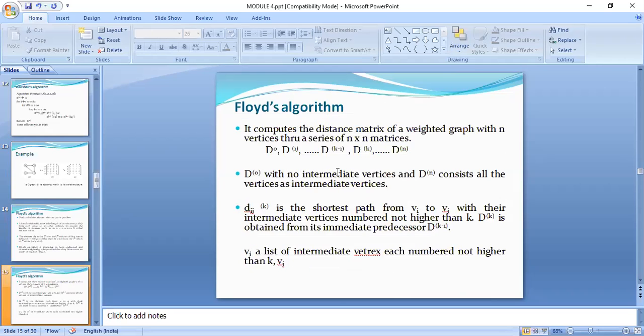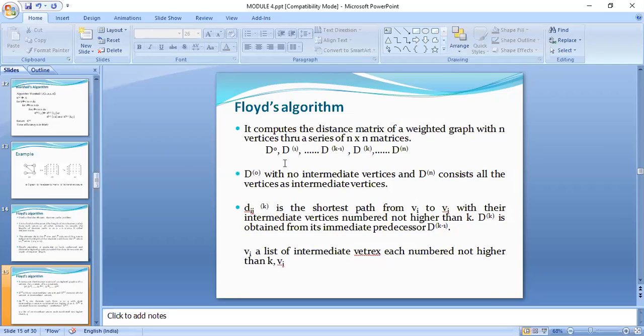Here we are going to see Floyd's algorithm by computing the distance matrix of a weighted graph with n vertices through a series of n by n matrices, which we will call D0, D1, D2, etc. up to Dn.